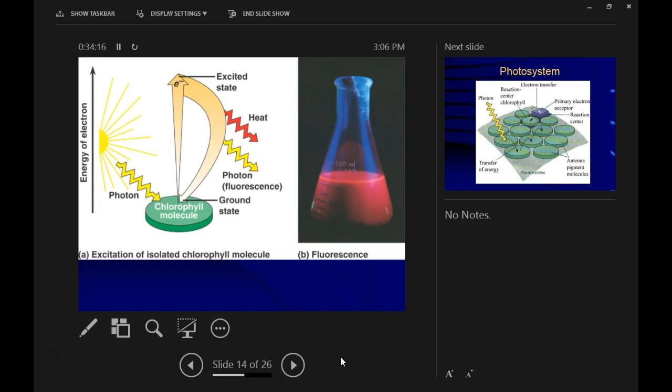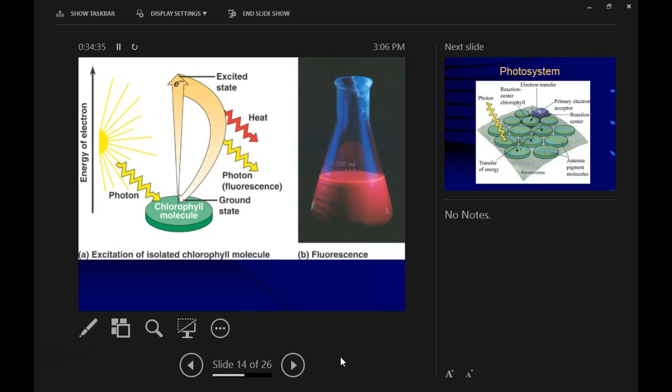Oftentimes it will be at a wavelength that is longer than it was originally. Or, it gives off the energy as heat.